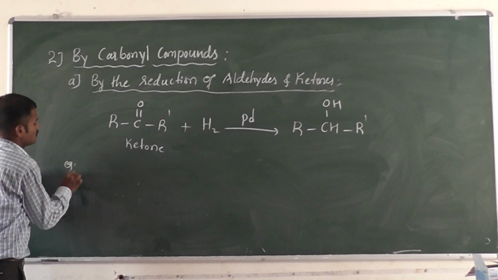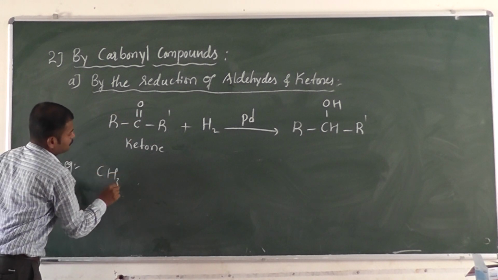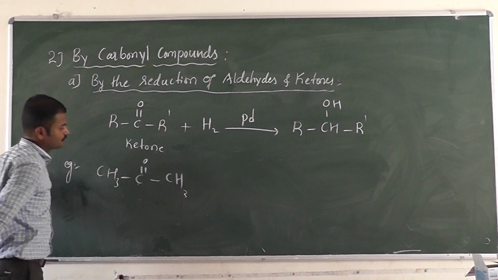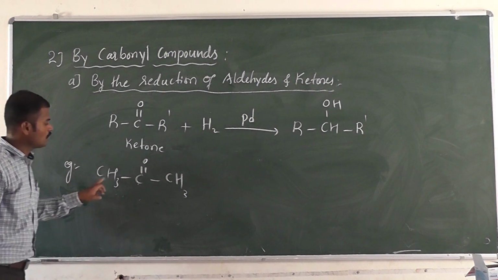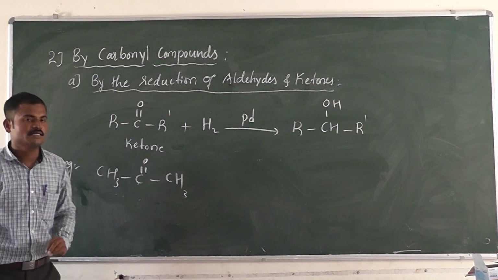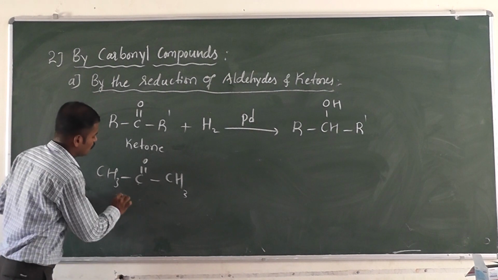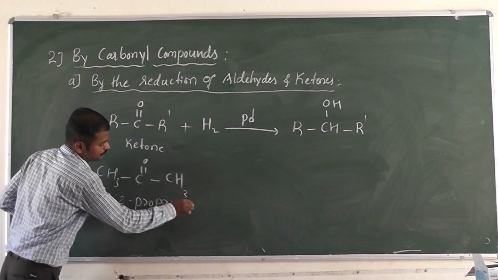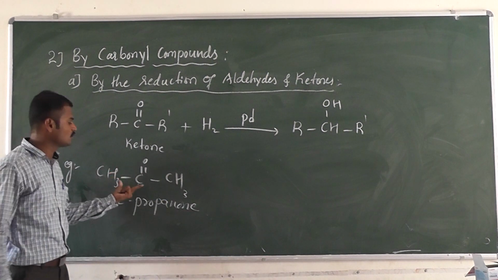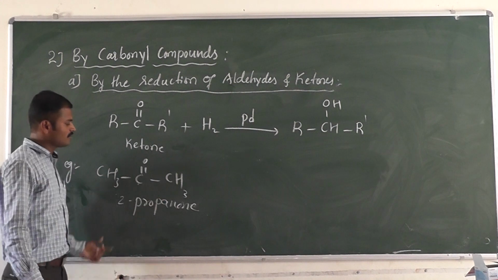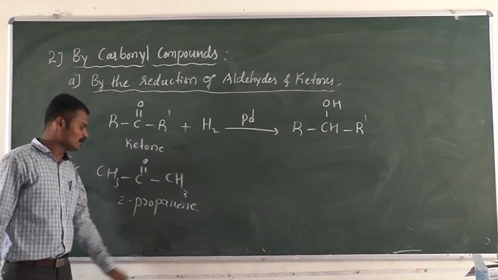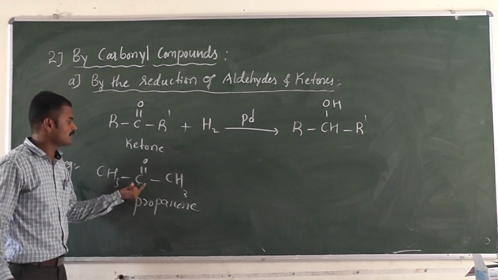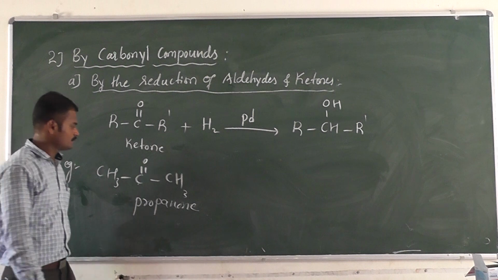For example, CH3COCH3 is propanone. There are three carbon atoms, so it is propanone, or 2-propanone. Propanone ends in -one, so it is a ketone.